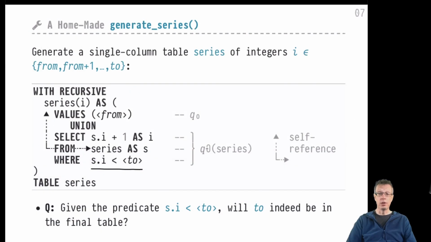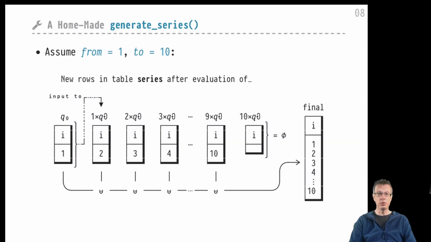Let's have a closer look at why this is. Why is the 10 included? Let's trace the evaluation and the contents of the series table over the course of the different iterations. So indeed, let's trace what happens in our with recursive common table expression for the parameters from equal to 1 and to equal to 10, just like in the terminal over there.